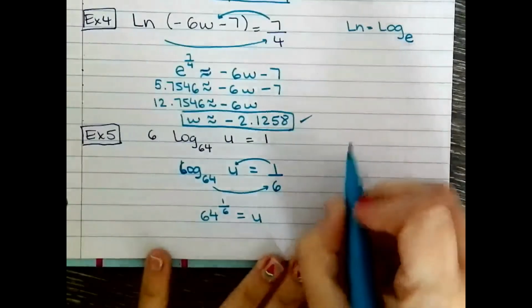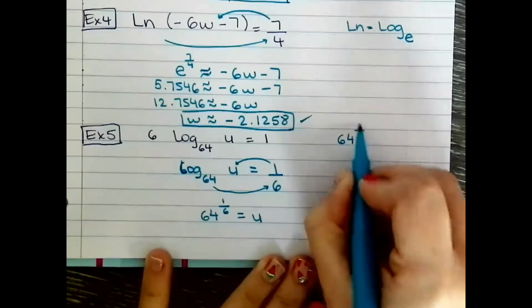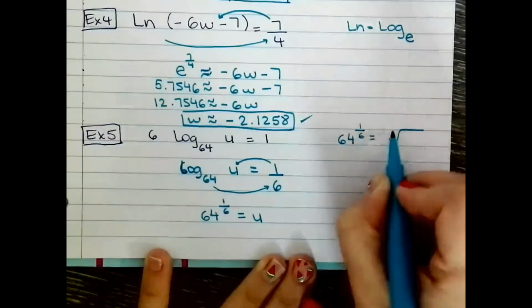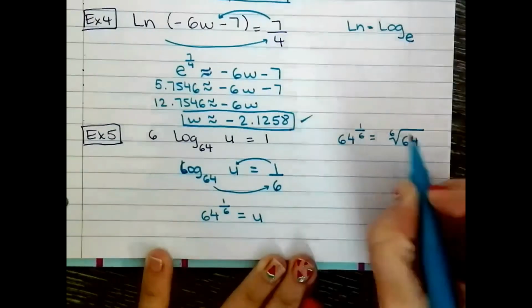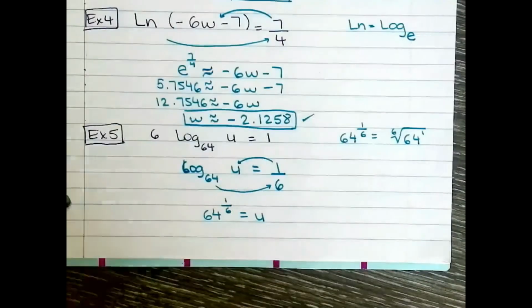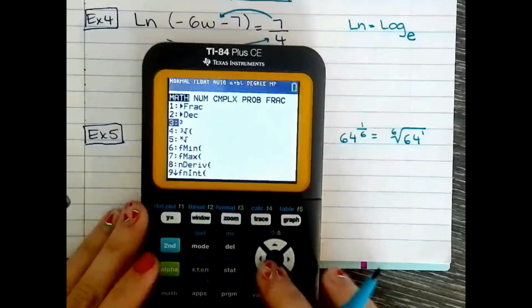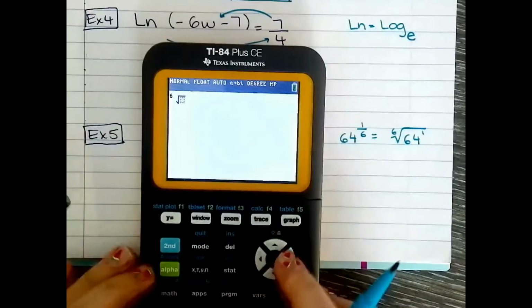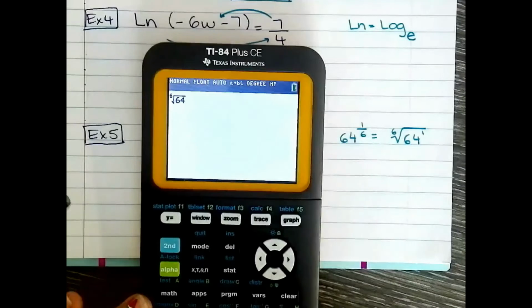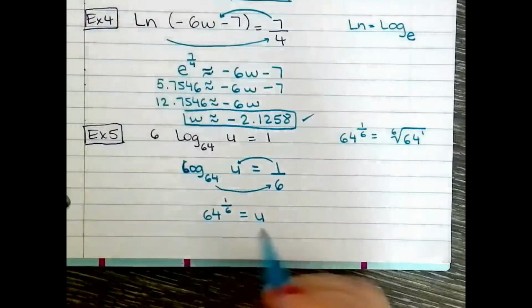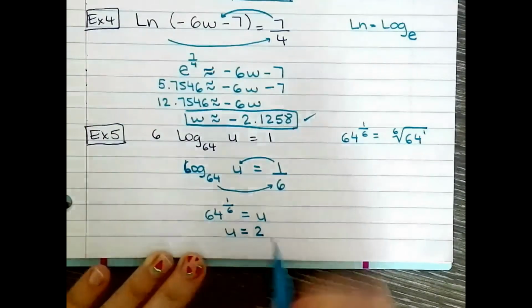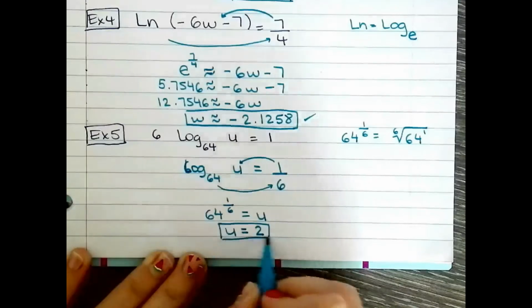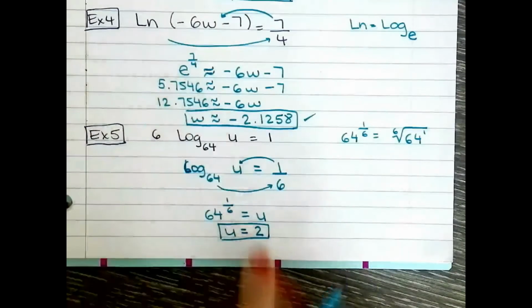When you rewrite as a radical, the index is the denominator, and the numerator is the exponent. So index 6: the 6th root of 64 is 2. So u is equal to 2. And it's positive, so it's easy to check.